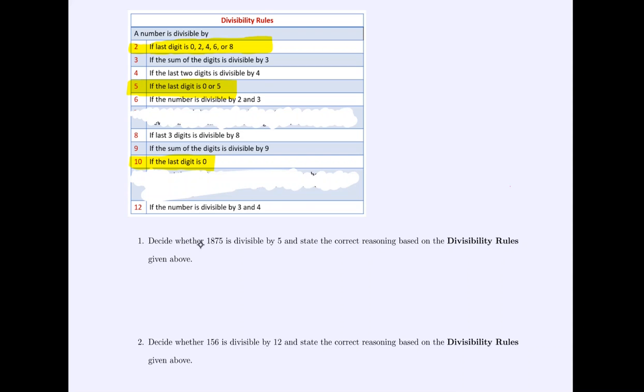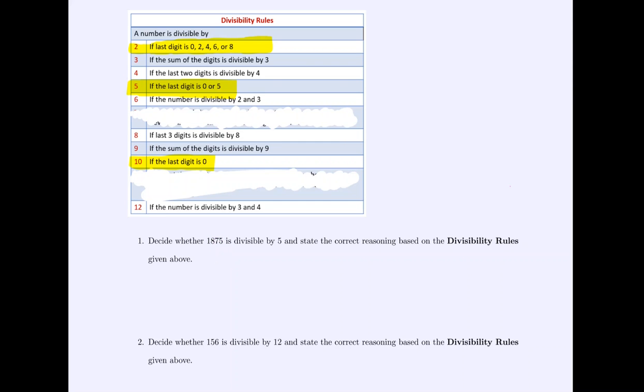It says decide whether 1875 is divisible by 5 and state the correct reasoning based on divisibility rules. Well, looking at the divisibility rules for 5, it's divisible by 5 if the last digit is a 0 or a 5. Looking at the last digit here, we see it is a 5.